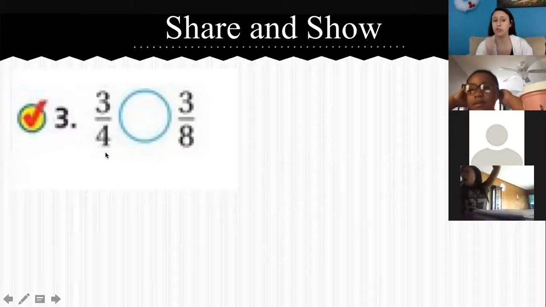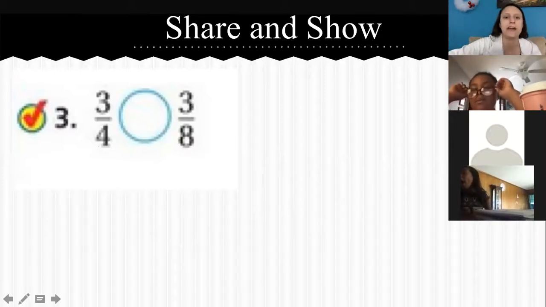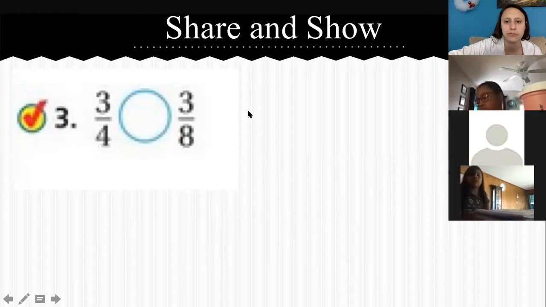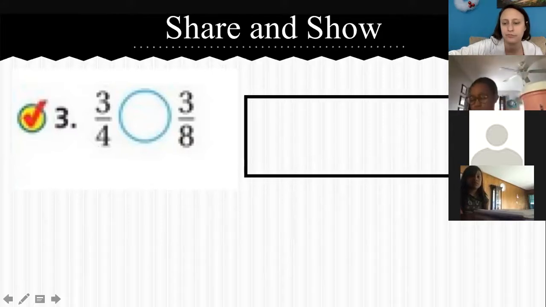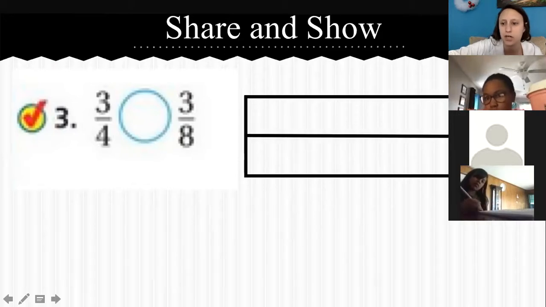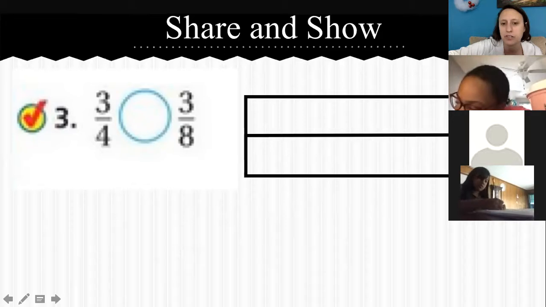So this is what I want you to do. I want you to draw that rectangle. I'm going to make it black this time. Draw your rectangle, and then make your rectangle into 2 rectangles so that the top will be the first fraction and the bottom will be the second fraction.